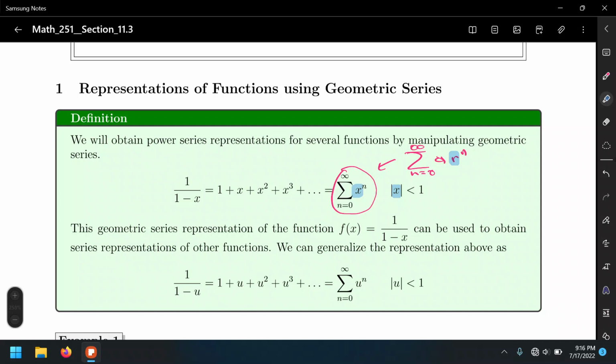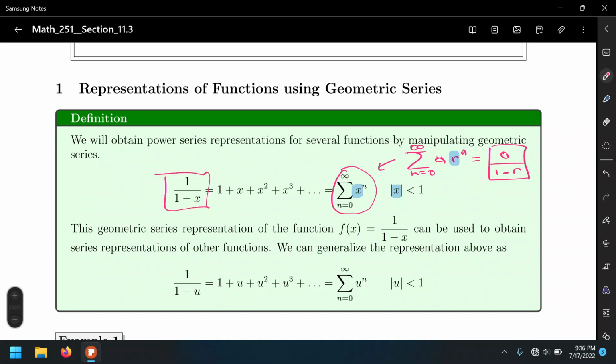In that case, we were able to find the infinite sum given by a over 1 minus r, which in this case resembles that quantity there. We're going to use this geometric series to obtain power series for rational functions.